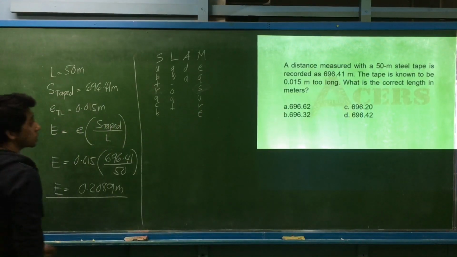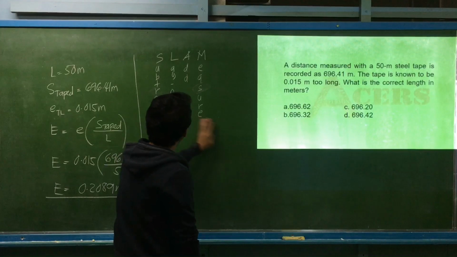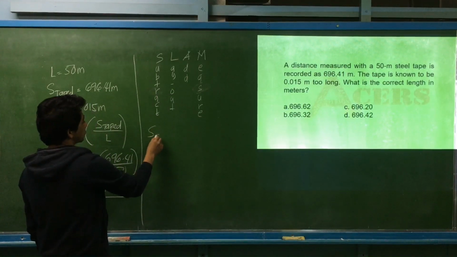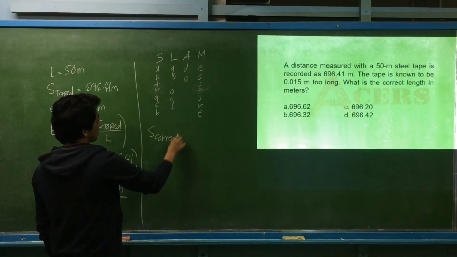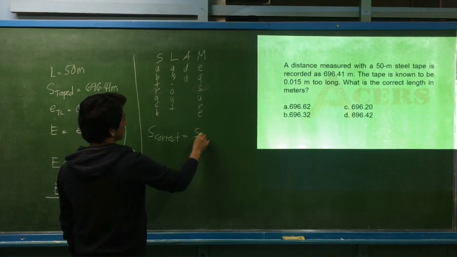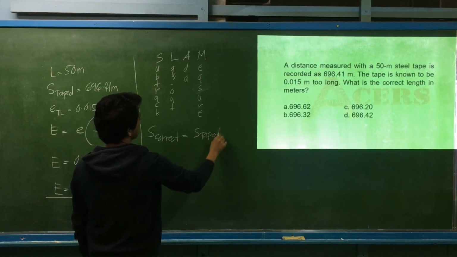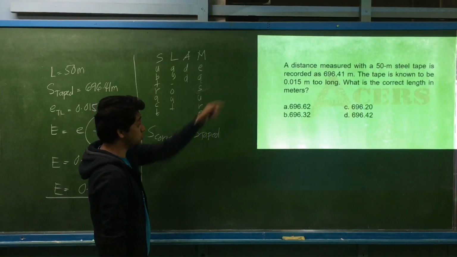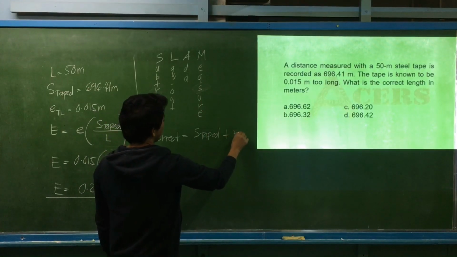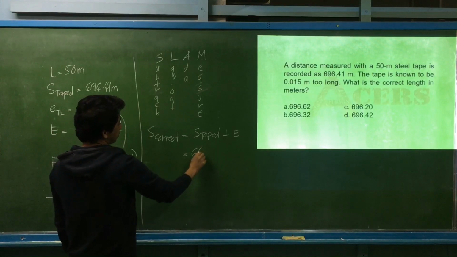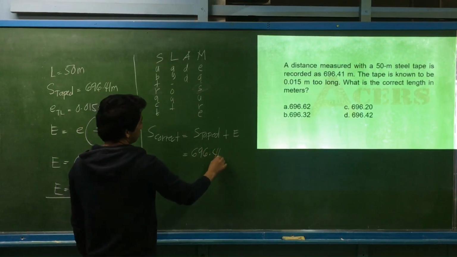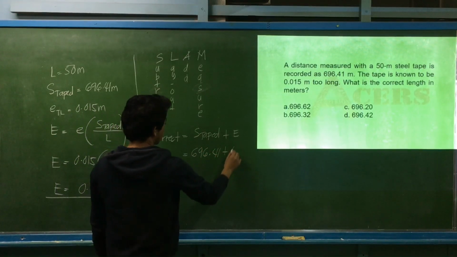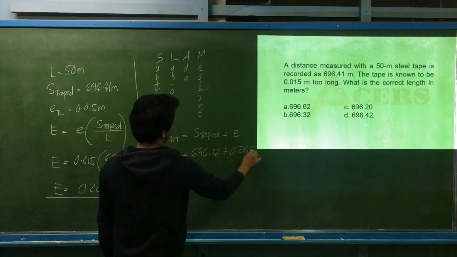So here, that is a distance measured. Therefore, the S correct is now equal to the S tape. Again, we add because it is measured: plus E. Which is equal to 696.41 plus 0.2089.